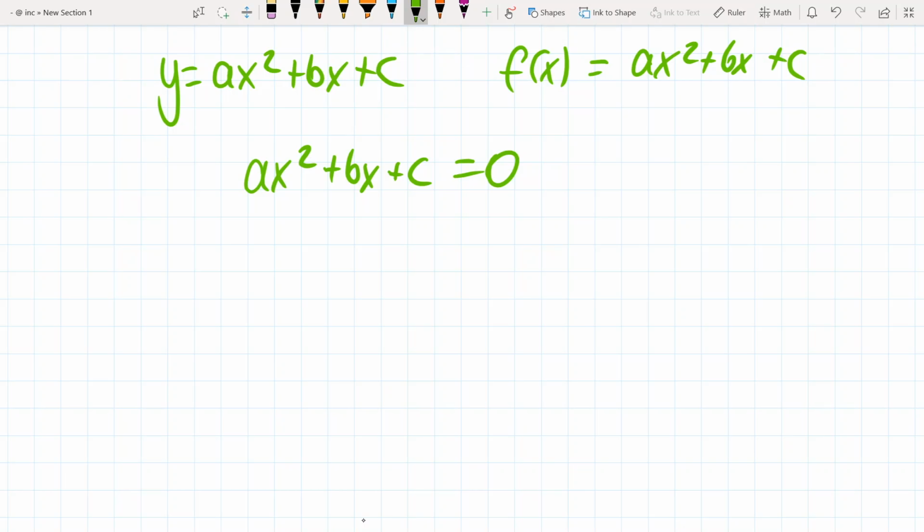Now, there are a lot of different ways that you're going to learn how to do this. It reminds me a lot of when we did systems of equations. When we started solving systems of equations, the first thing we did was learn how to do them graphically, and we're going to do that with this as well. You'll discover that solving them graphically, just like with systems, is kind of a pain, for the same reason.